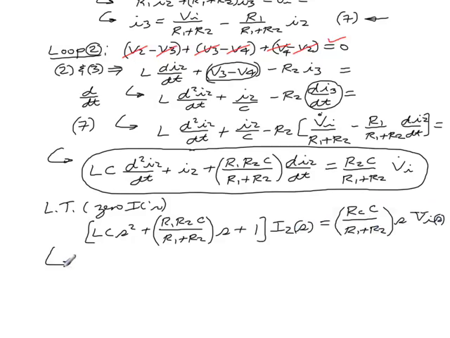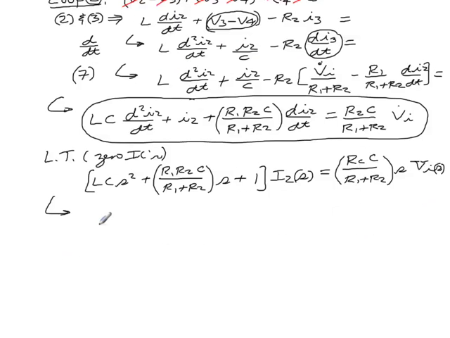So here we are. I2 output is equal to R2C divided by R1 plus R2. I'm not quite sure where the RC came from, that should be an R2.